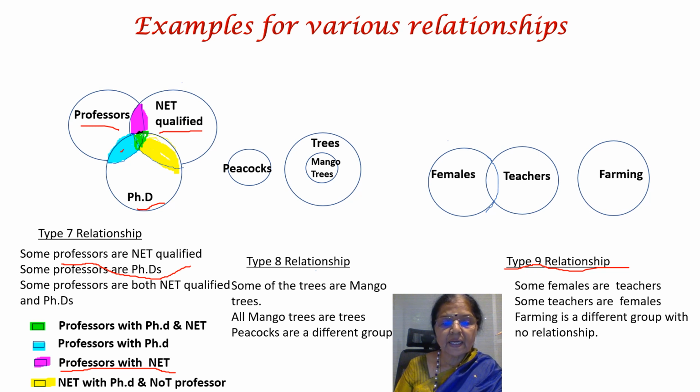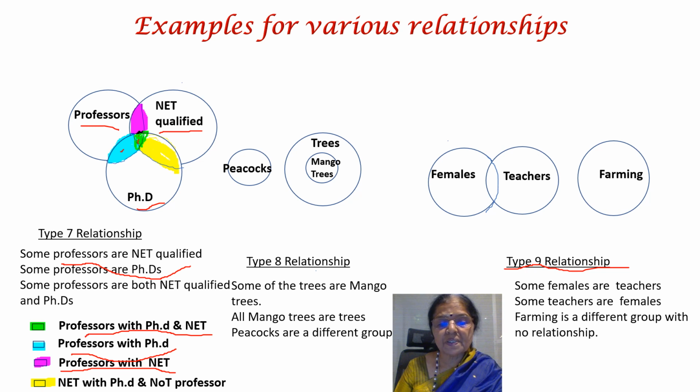This region denotes professors who are with PhDs, but they are not NET qualified. And there are some professors who are both with PhD and with NET. What color represents that? Green in the center. See this region.